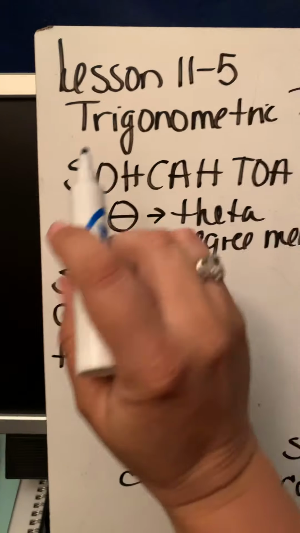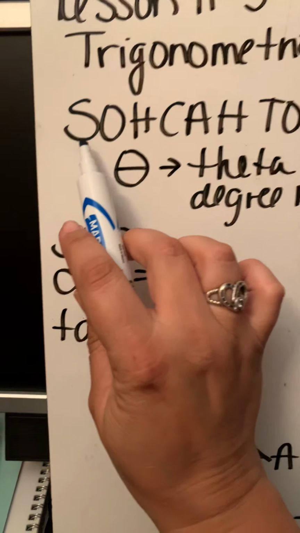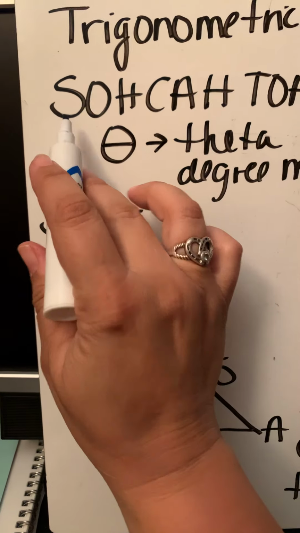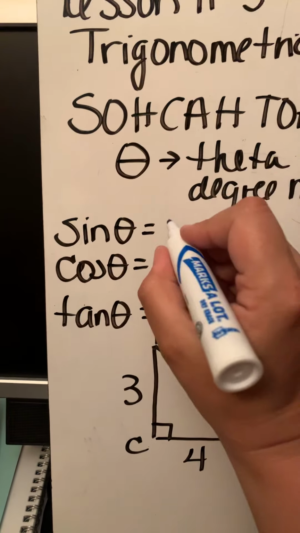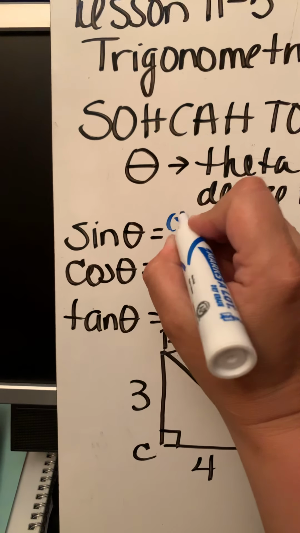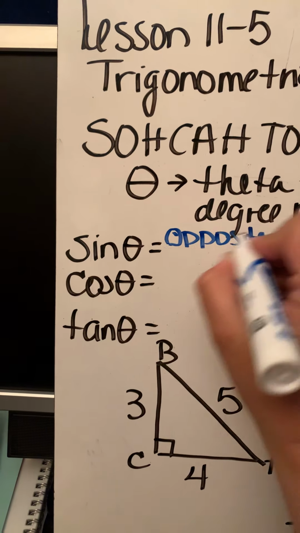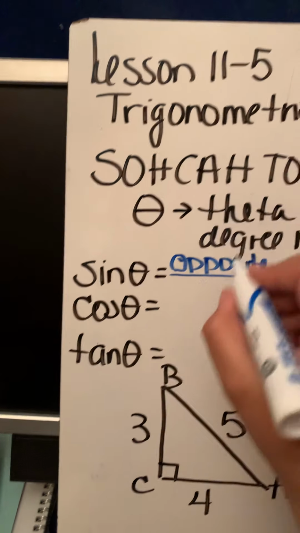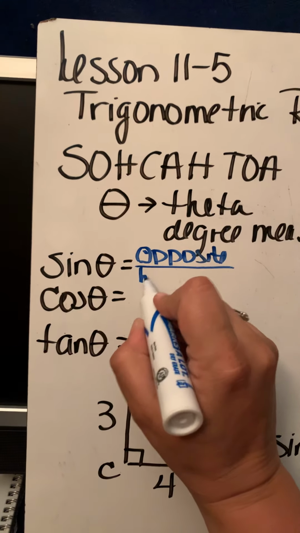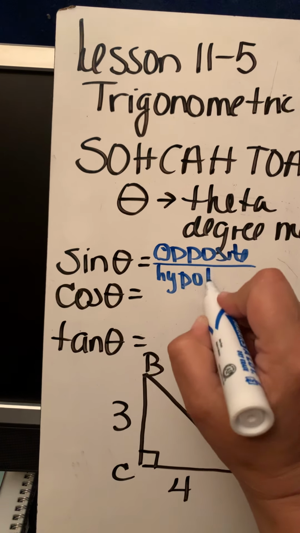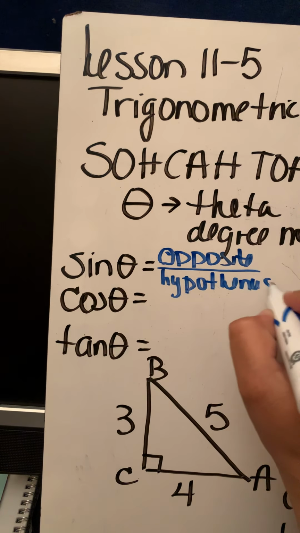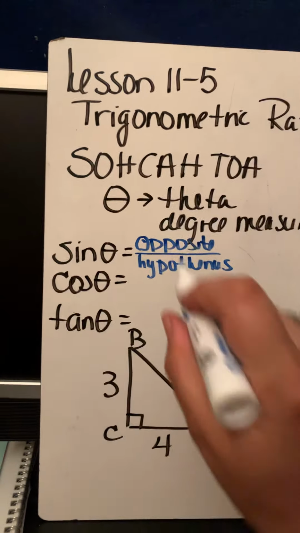Okay, so to define what sine is, the ratios. So how Sohcahtoa works. Sine, that's the S for sine. O stands for opposite. So sine is opposite over the H in a right triangle, which stands for hypotenuse. Okay, cosine.